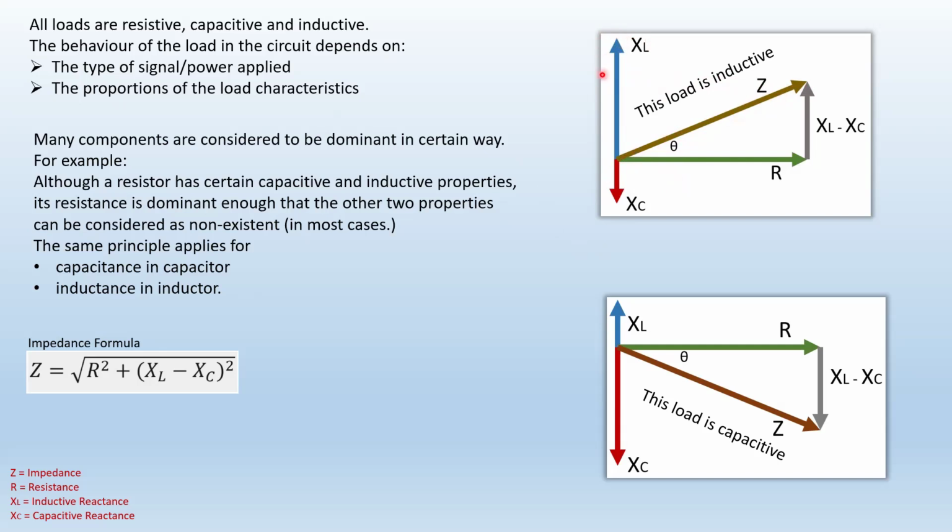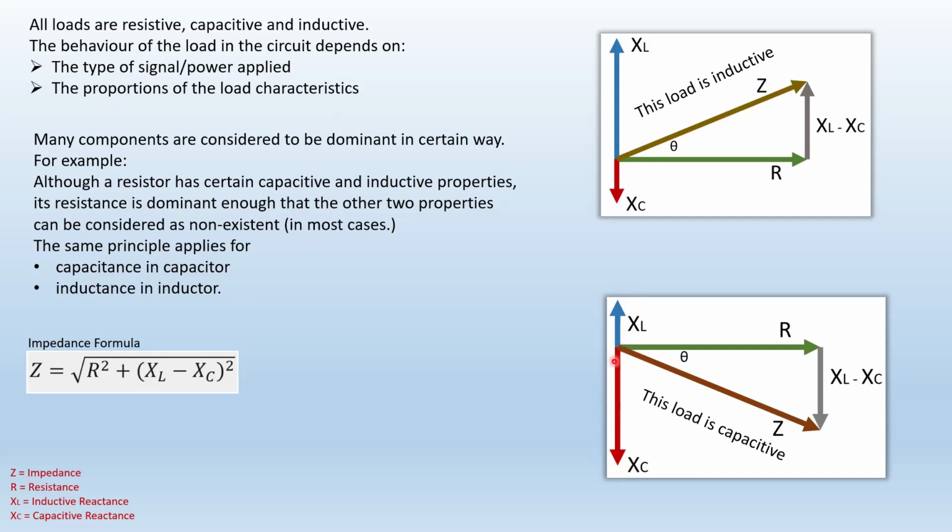So if the inductive reactance is dominant in the circuit, then we could say that this load, that consists of many components, or maybe one, whatever, this load is inductive. Same thing here. See, the impedance does have an angle. Same thing here with the capacitive load. In this case, the capacitive reactance is way greater than the inductive reactance, so things are going to sway downwards here towards the capacitive reactance.